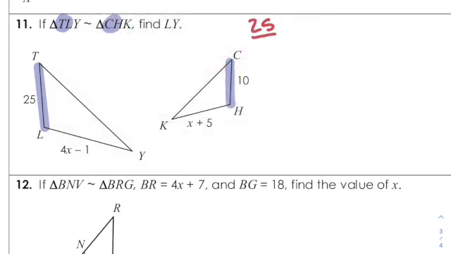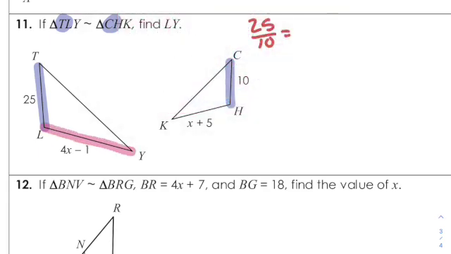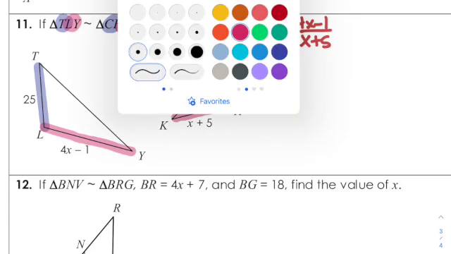25 over 10 equals, and then from that same triangle we have LY, which is 4x minus 1, so write that on top. LY is the last two letters, HK is the last two letters, which is x plus 5. So it should be 4x minus 1 over x plus 5. Then we do the same old cross product property.